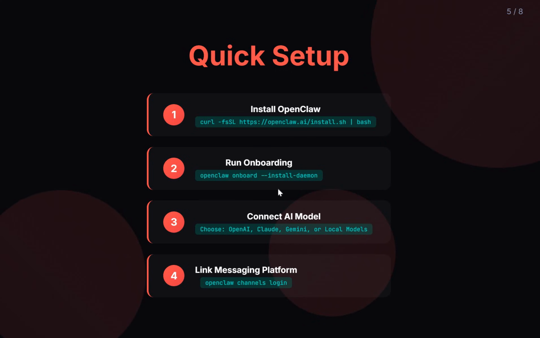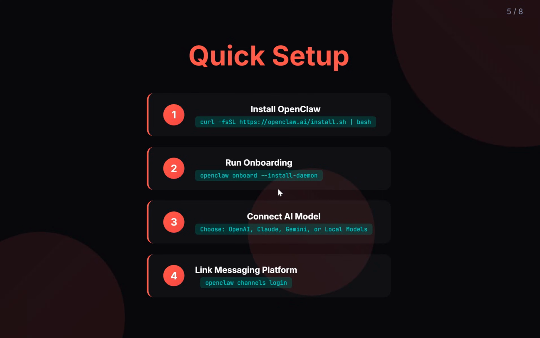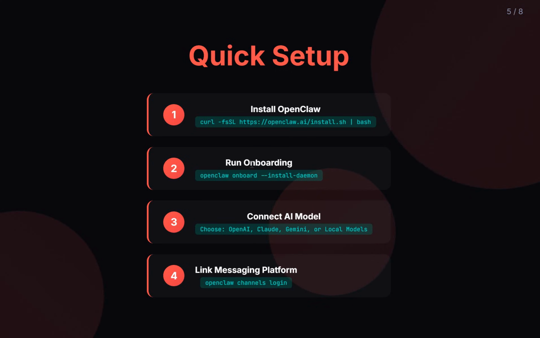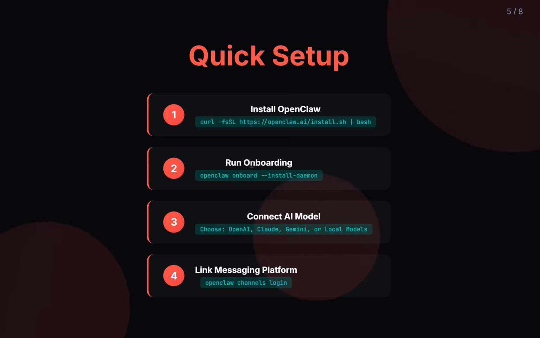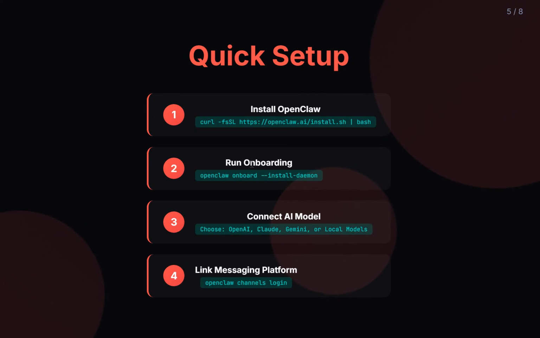It gives you a step-by-step process for onboarding different applications or integrations, and then you also install the daemon, which will run as a background process. Once the daemon is running in the background, you connect your AI models, whether it's OpenAI, Claude, Gemini, or local models, and link your messaging platforms like WhatsApp or Telegram. You set up everything in just 5 minutes. This is super easy, nothing complicated. Just follow this process.